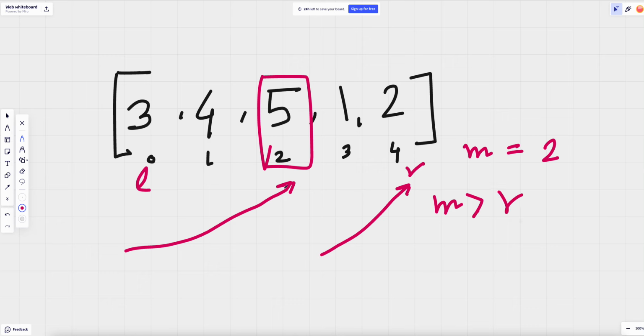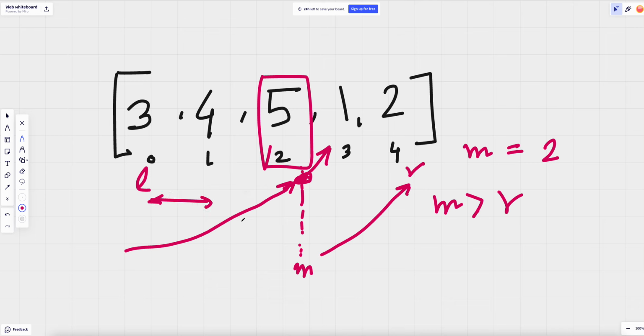So my mid is greater than my right. Since we need to find a minimum element, we are sure that it will not be here. Both parts are always in increasing order, but the mid is greater than my right side, so there is no chance that my minimum value will be on this side.